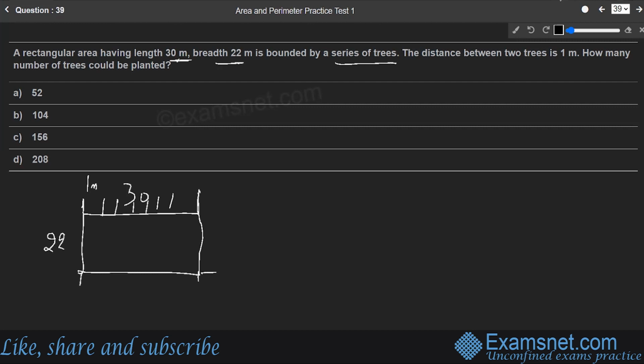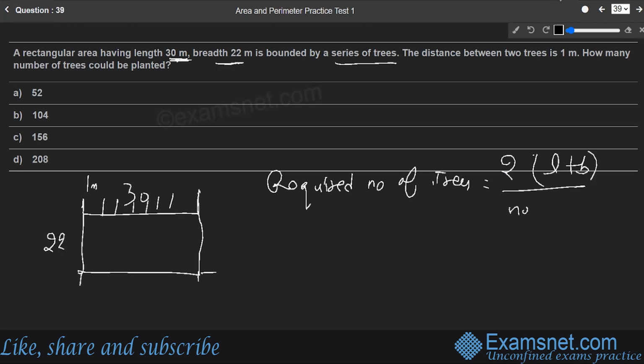Now he says, how many trees could be planted? This question can be easily answered by a very simple formula. You want to create a length of 30 meter and a breadth of 22 meter. Clearly, the required number of trees can be directly found out by a formula.